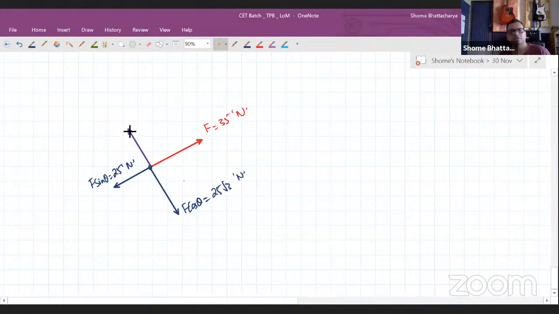And some normal reaction like this. And as usual, we are taking this as our x-axis, and this direction as our y-axis.